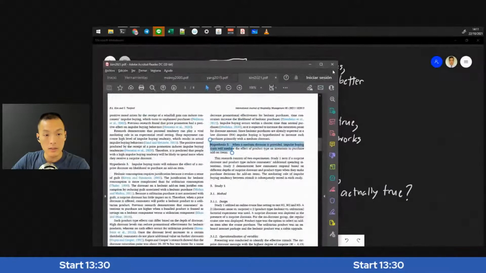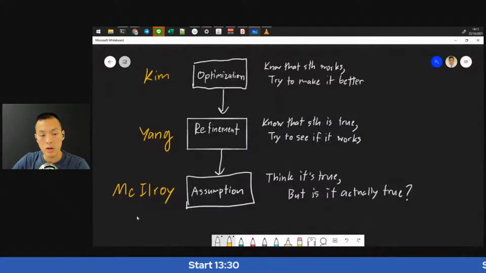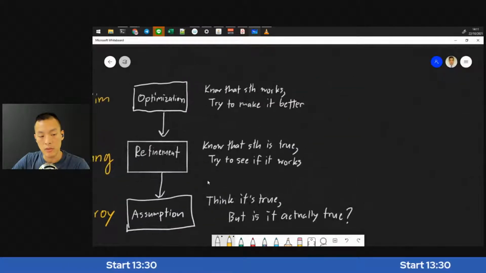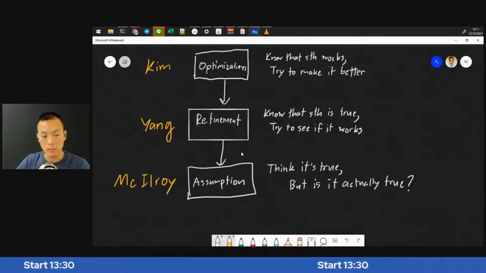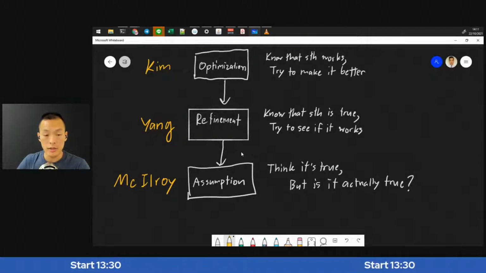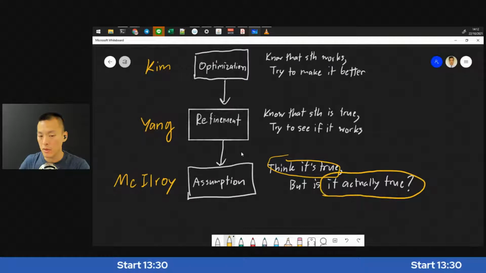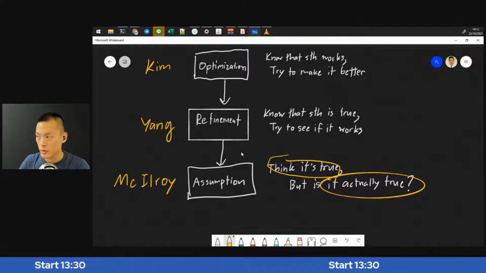All right. But the most exciting part, obviously, is how do you go into the deeper level of doing research? How do you go back to the assumption layer? At the assumption layer, you take something that you think is true, and then you show that it's probably not true.